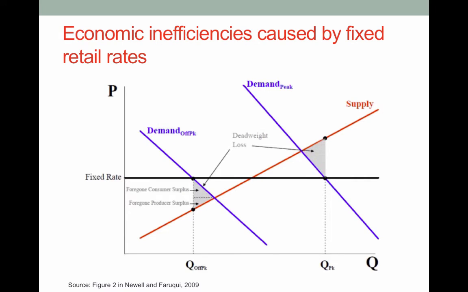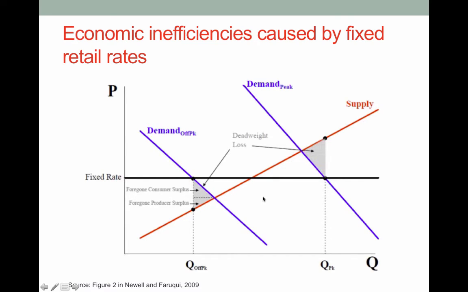This chart illustrates the inefficiency caused by single fixed retail rates. Most consumers face one fixed retail rate for power. The fixed rate is typically set at a level that is higher than the optimal rate of off-peak demand, and typically a lower price than the optimal price of peak demand.